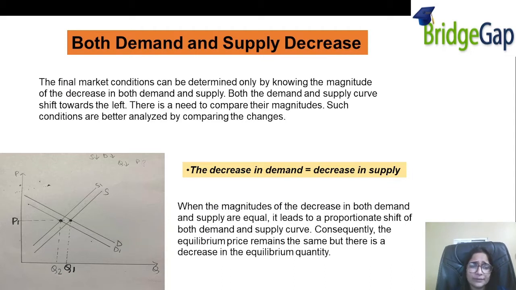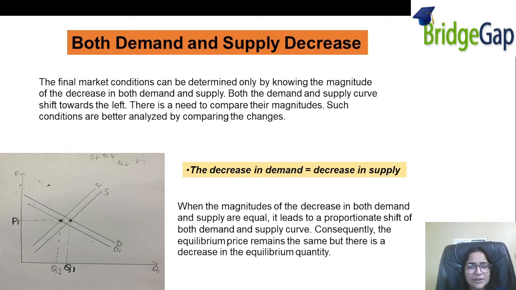Whenever you have any question about the demand and supply curves, the proportions of the declines or the proportion of the increase, you always have to keep the graph in mind. If you have the graph clear in your mind, then you will not be confused about the impact on price and quantity.